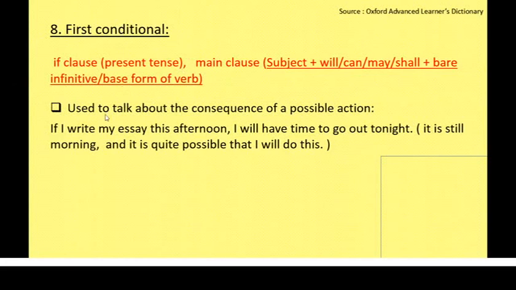First conditional is used to talk about the consequences of a possible action. Look at the example below. If I write my essay this afternoon, I will have time to go out tonight. This means it is still morning and it is quite possible that I will do this.